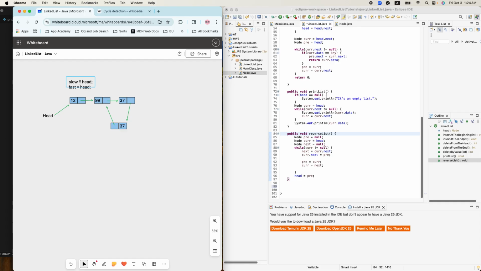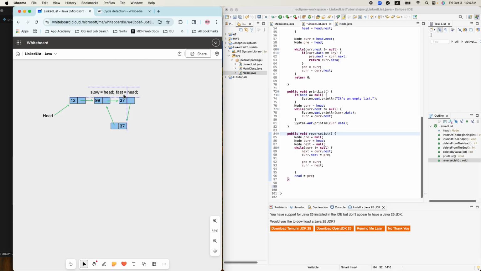So when you start traversing this list with two pointers, the slow pointer goes one node at a time. For example, it comes here, but the fast pointer moves two nodes forward every time.